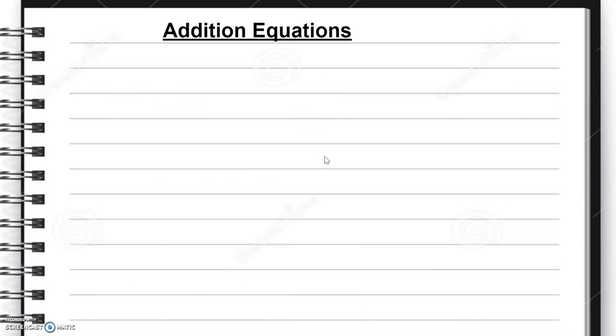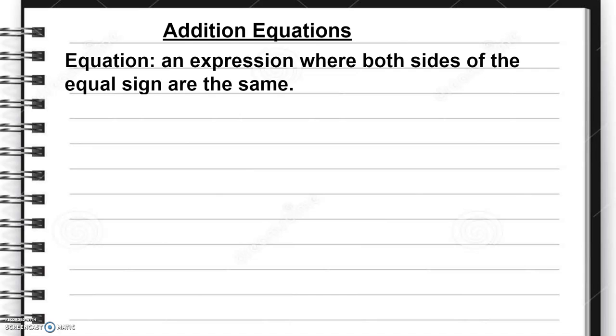Now let's go ahead and try some addition equations. Again, an equation is an expression where both of the sides of the equal sign are the same. Here is an example.